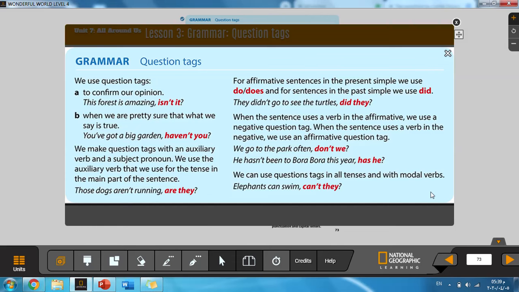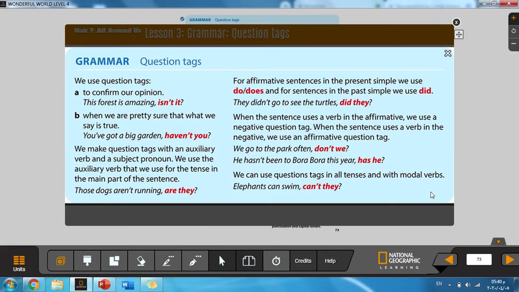The second one is when we are pretty sure that what we say is true. I support my opinion with this question. You've got a big garden, haven't you?